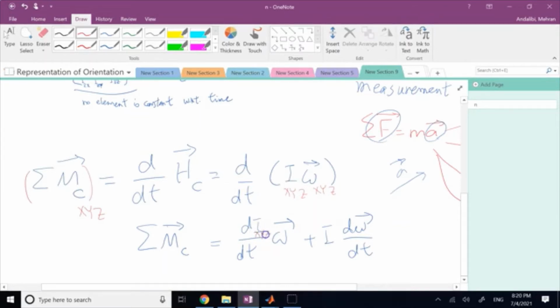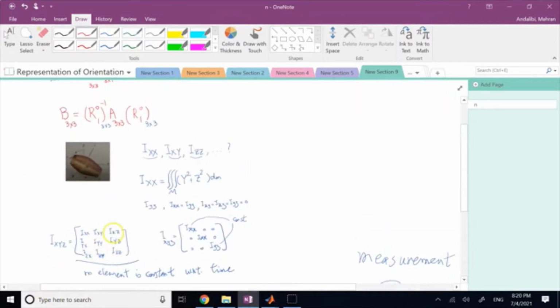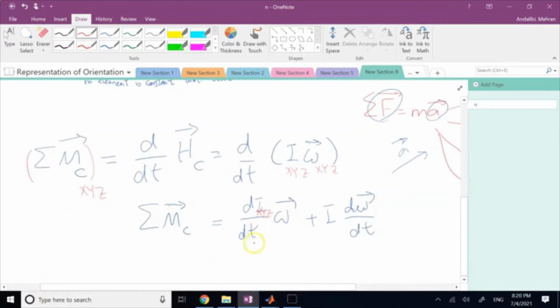The components of the cap XYZ, none of them is time constant. So this term is not zero. It's equal to a 3 by 3 matrix, and nothing here in general could be equal to 0.